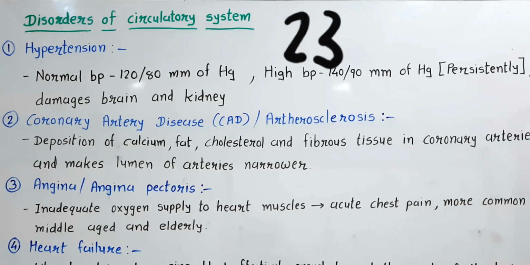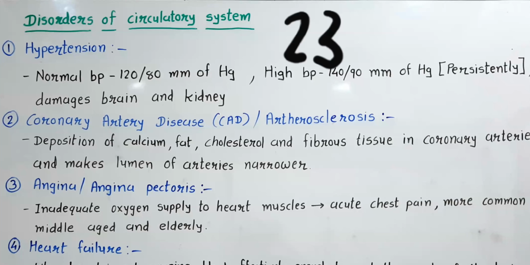Then comes CAD, coronary artery diseases. Coronary artery, what's the specialty of coronary artery? Coronary artery क्या है special? हाँ, it arises from the heart and it supplies blood to the heart itself.